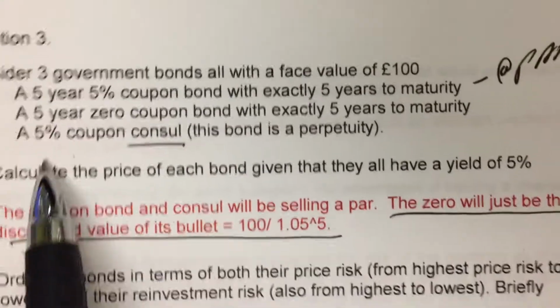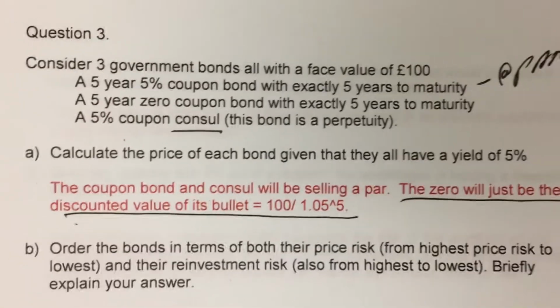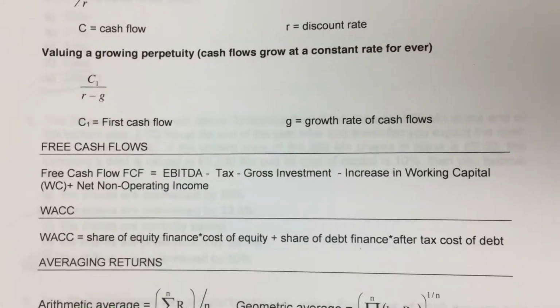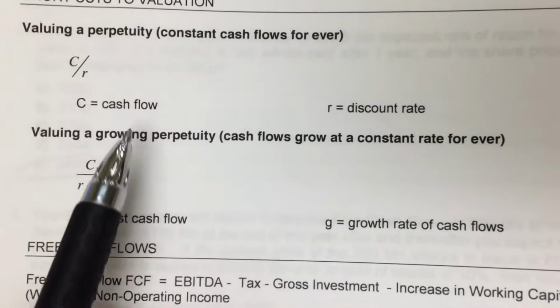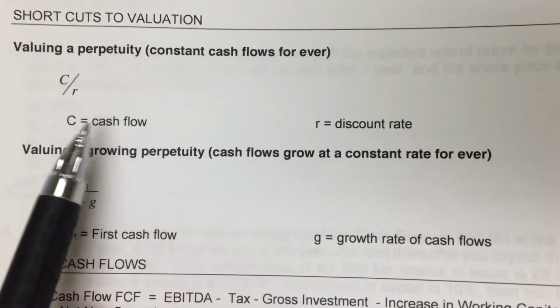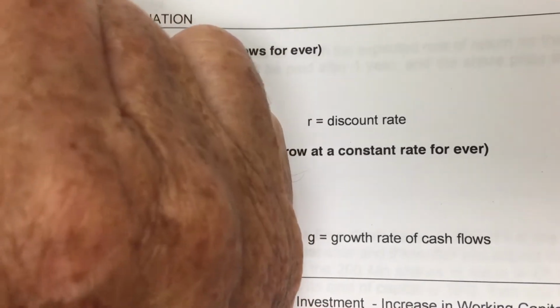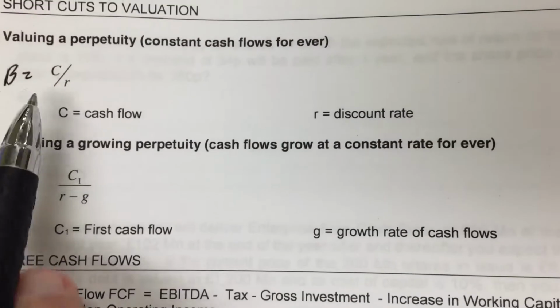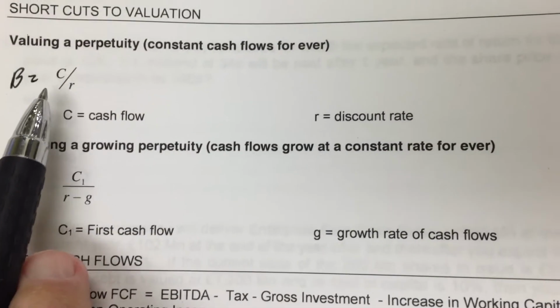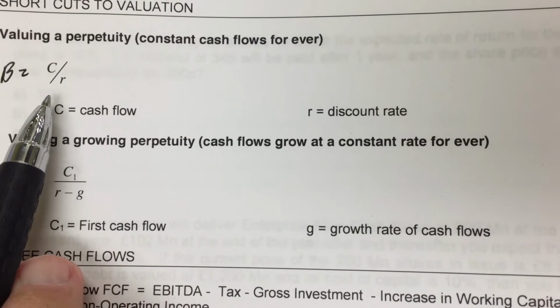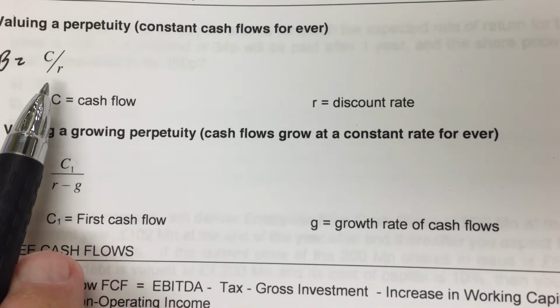The third bond is a perpetuity. And we know, from the data and the formulas that the professor will give you in the exam, that a perpetuity has the equation: the value of the bond, B, equals the cash thrown off by the bond divided by the return.